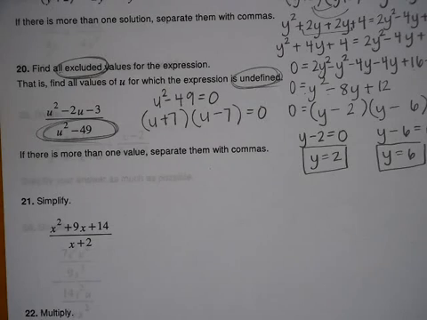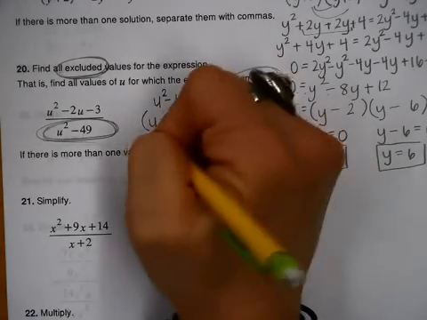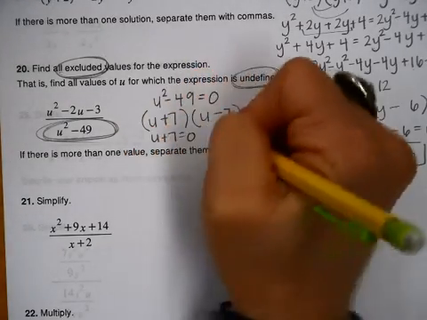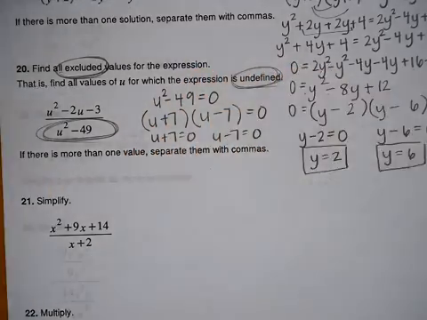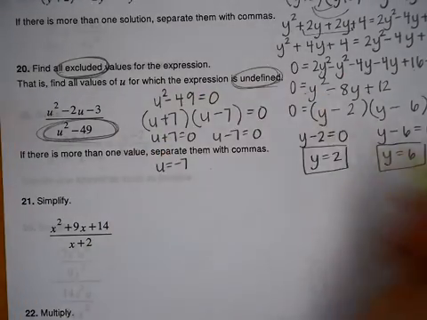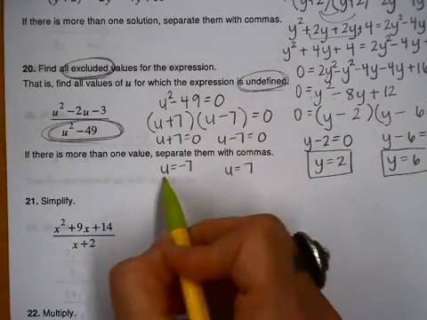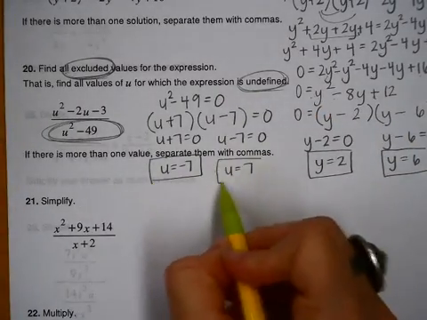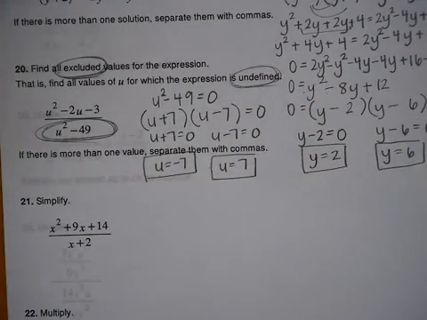Doesn't matter the order, right? So then what are my two answers going to be? We set u plus 7 equal to 0, u minus 7 equal to 0, and my two answers are u equals negative 7 and u equals positive 7.